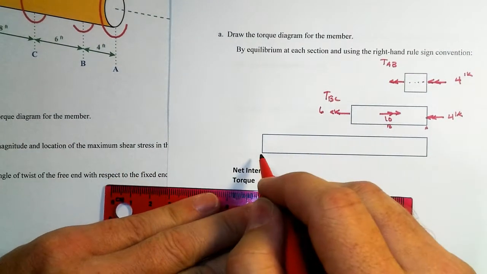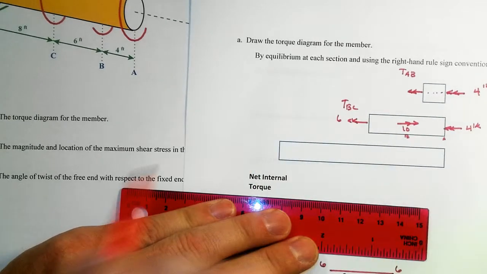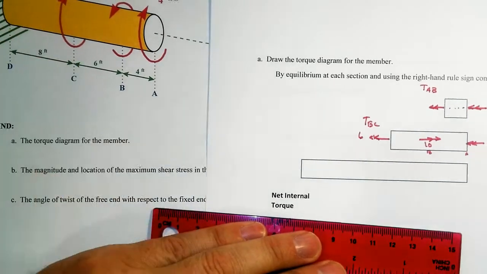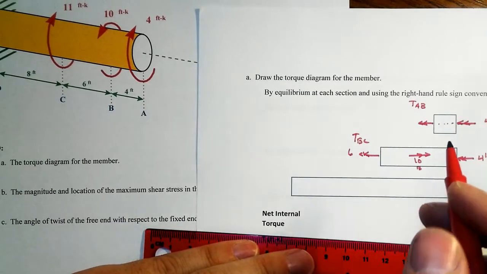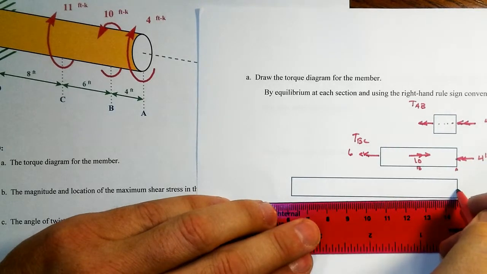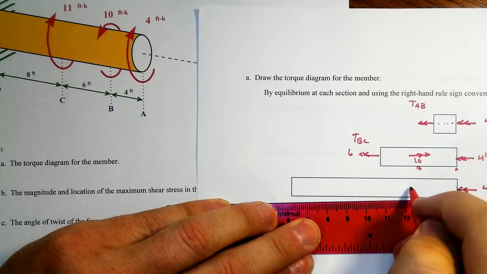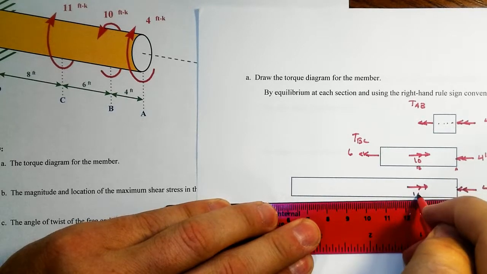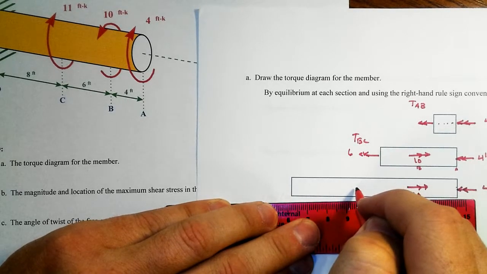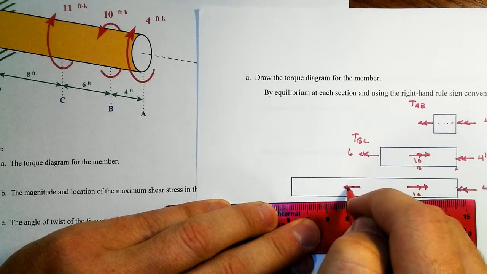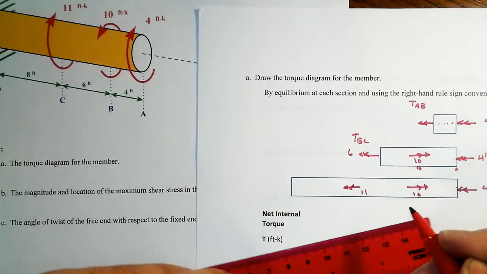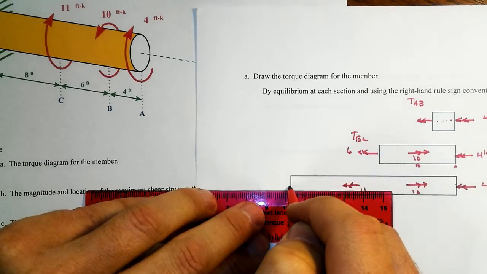And then finally we get this one all the way that we're cutting between C and D. We have one more applied torque at C, and we get that 4 going to the left. We got the 10 at B going to the right. We have at C 11 going to the left. We've got that positive outward normal.